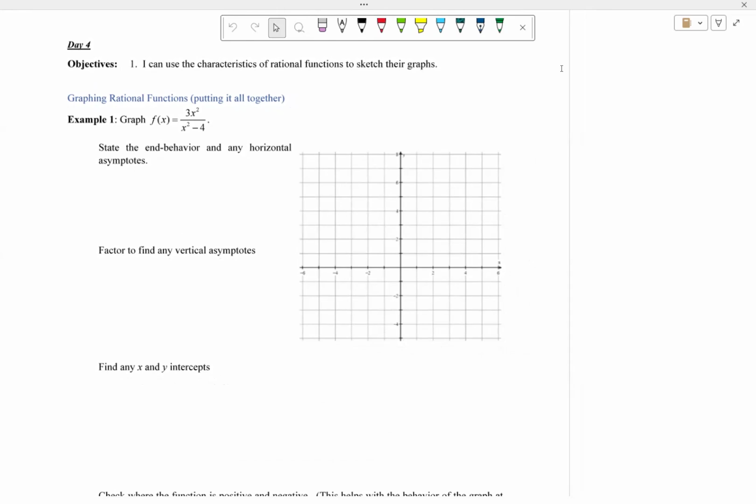First of all, we take a look at the expression. We see that it is a rational function with the top and bottom equal. Therefore, it has a horizontal asymptote, y equals 3/1, which is of course 3. And what does this have to do with the end behavior?